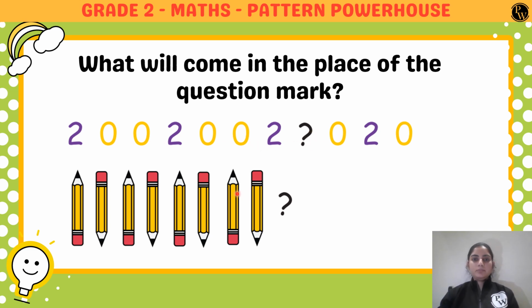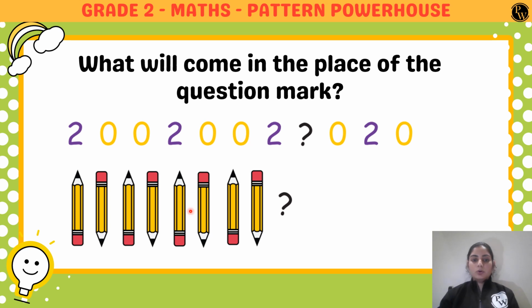Well done. Now, let's look into another example here. We have a pencil pointing towards the up direction and the other one pointing to the down direction. Again, the third one is pointing up and the next one is pointing down. That means we have a pair of these two pencils which is being repeated one after another.